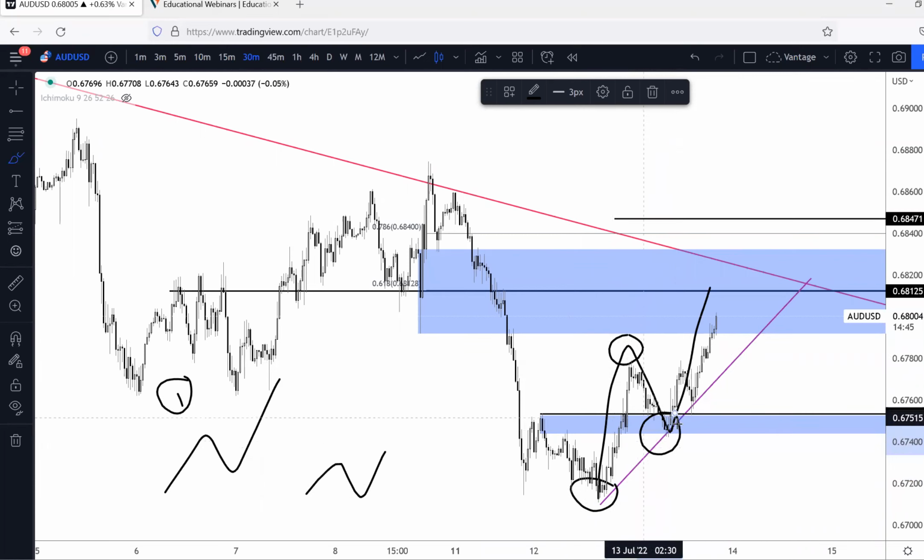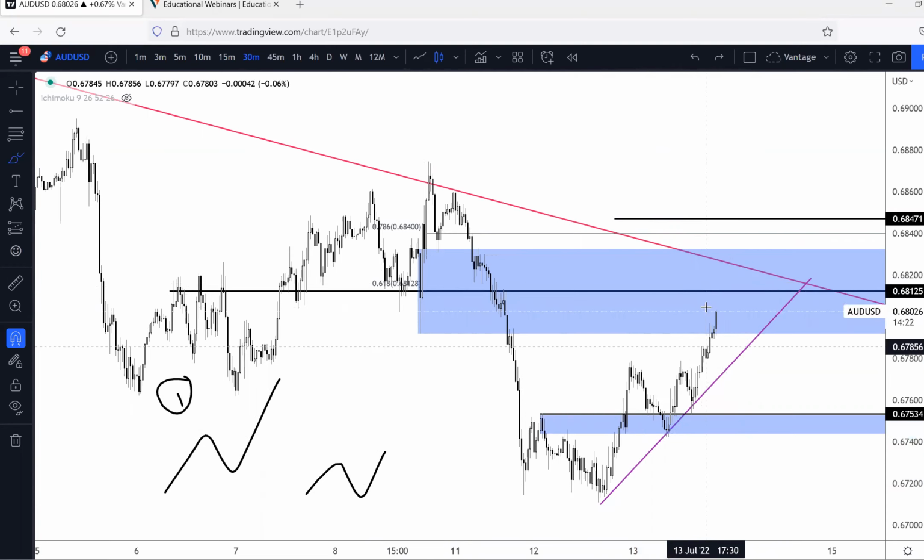We use these 3 points to project the extension levels and see if any of these levels line up with, let's say, the retracement or the support or resistance zone that you've identified. Once we found that, you can see there's more confluence at this specific level. But as always, we want to make sure that on the smaller time frame, there is a change in hands between your buyers and sellers before price reverses.